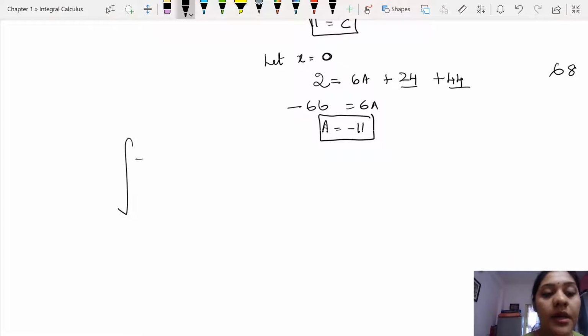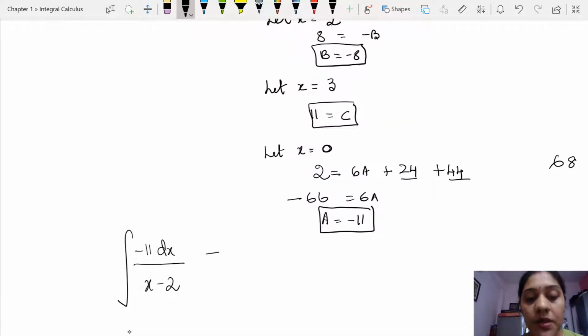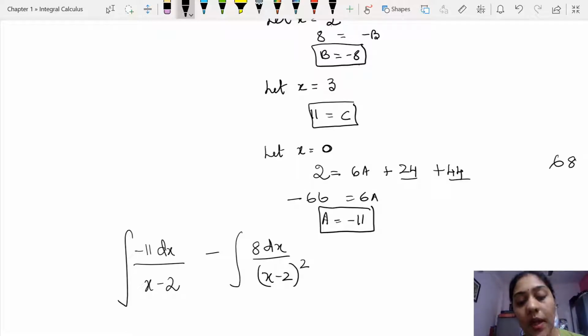Integral minus 11 dx divided by x minus 2 plus b value. B is integral 8 dx divided by x minus 2 the whole square plus integral 11 dx divided by x minus 3.